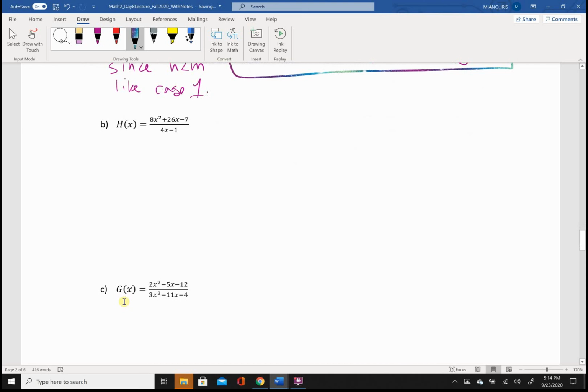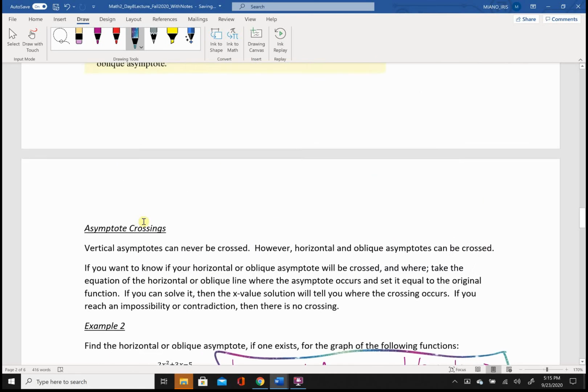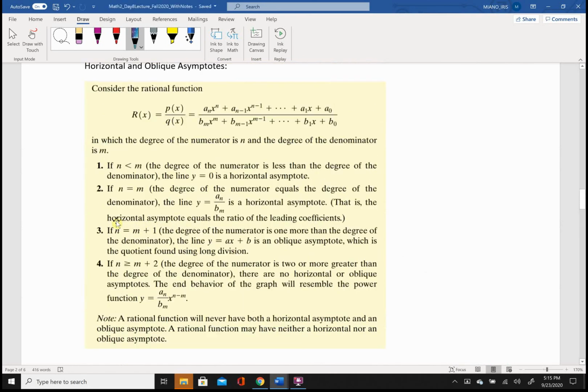Now notice that the numerator degree is 2, the denominator degree is 1. So I believe we have a situation like case 3 in which the numerator degree was 1 more than the denominator degree. Yep, like case 3. So when this is the case, you need to perform long division in order to determine the equation of your line, that is your oblique asymptote.